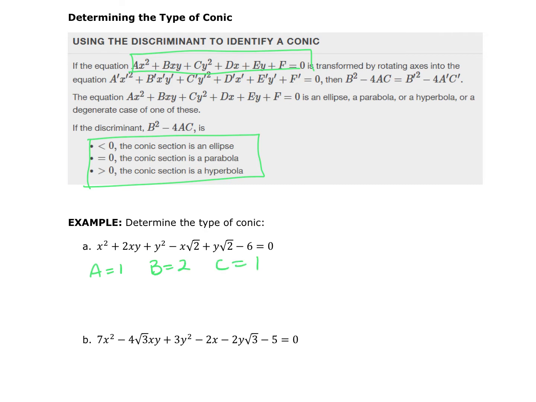Using the discriminant, B squared, so 2 squared, minus 4 times A, which is 1, times C, which is 1. So I end up with 4 minus 4, which gives me 0. If this equals 0, my conic is a parabola. So I'm expecting that when I do the rotation of axes, I'll have a parabola.